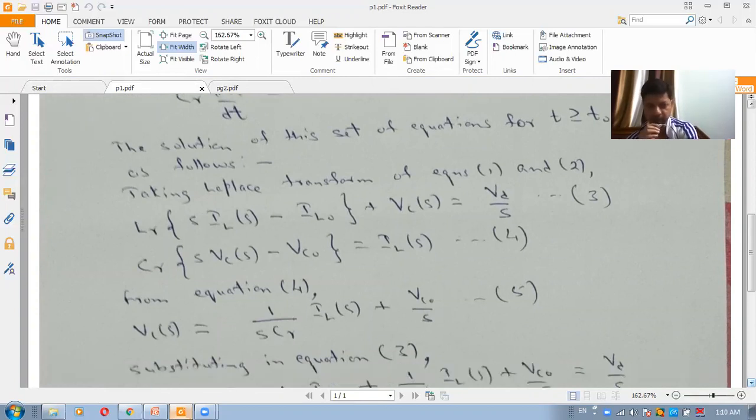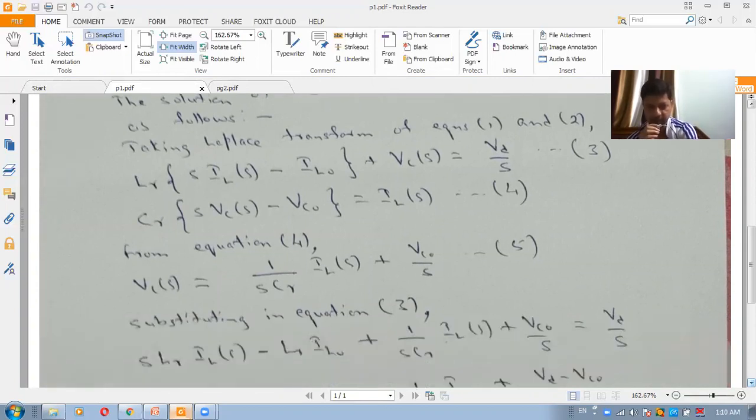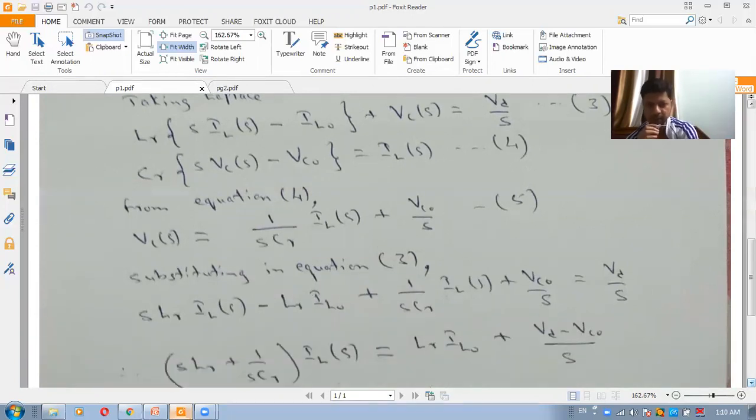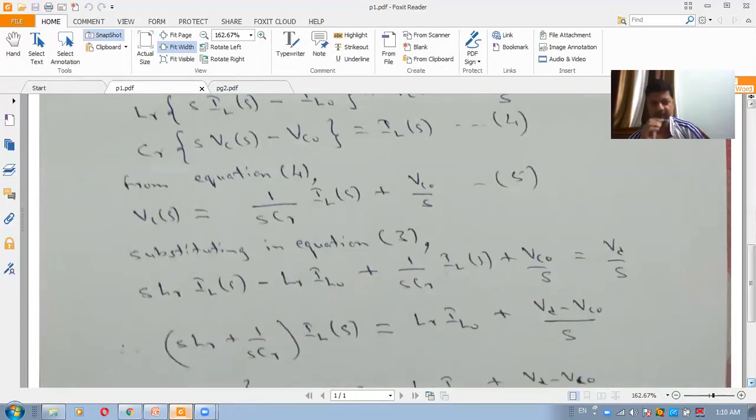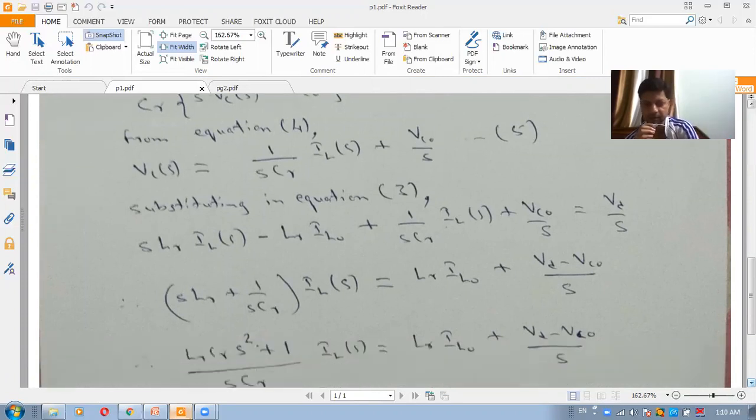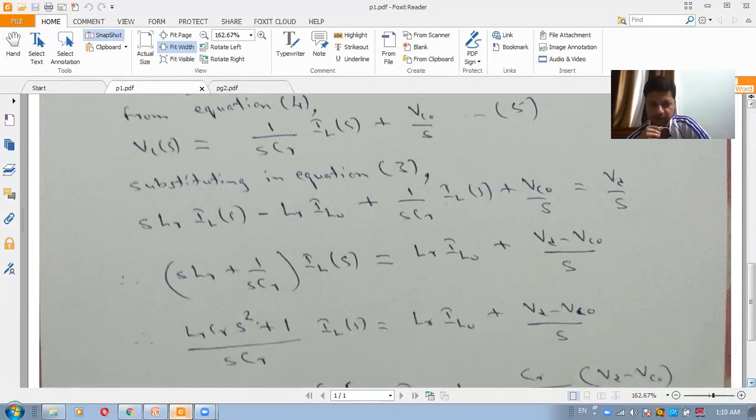And if we substitute this in equation 3, this is the equation that we get. If we rearrange it, keeping the variable IL of S on the left hand side and the other parameters to the right hand side, this is the equation that we get. It can be simplified.